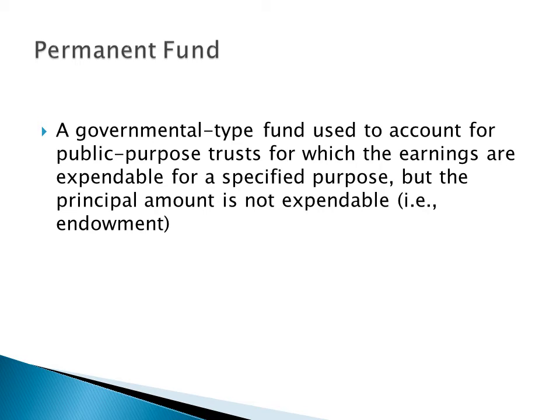The state of Alaska has a permanent fund set up so that citizens who meet the qualifications receive payments, distributions from a permanent fund that is made up of state oil revenues. So that's an example of that.